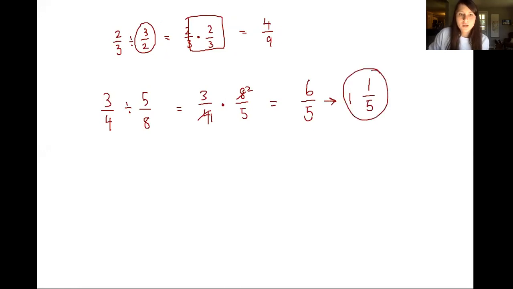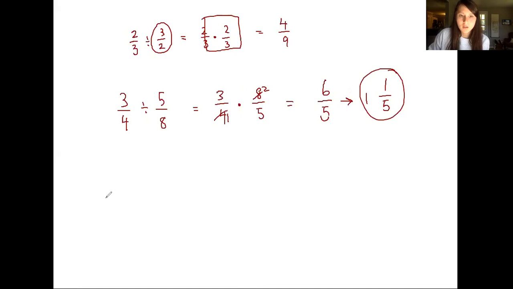Okay, let's talk about whole numbers in our fractions. So when we have mixed numbers that we're dividing, if I have -6 2/5 divided by 2 1/5, we first need to change these into improper fractions before we do the inverse, okay?